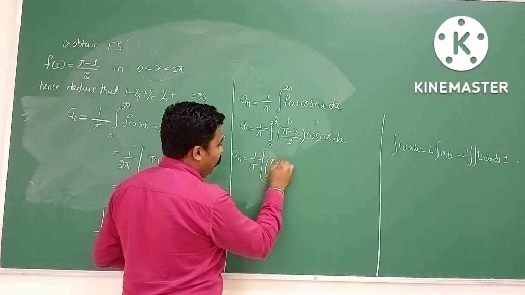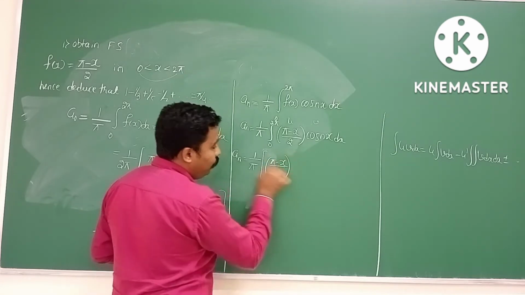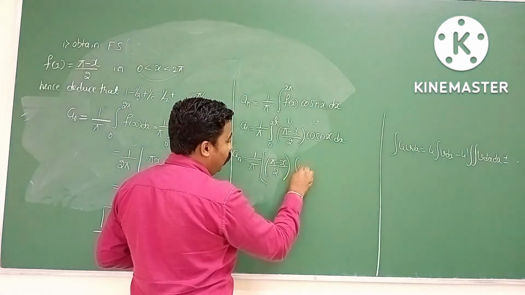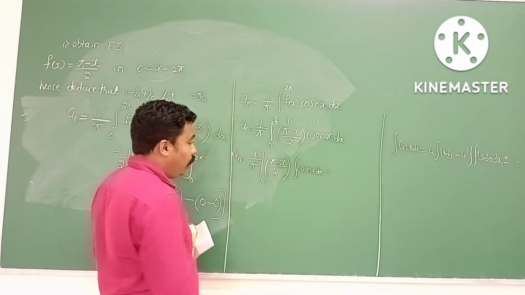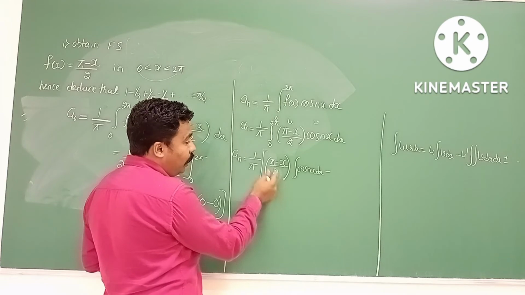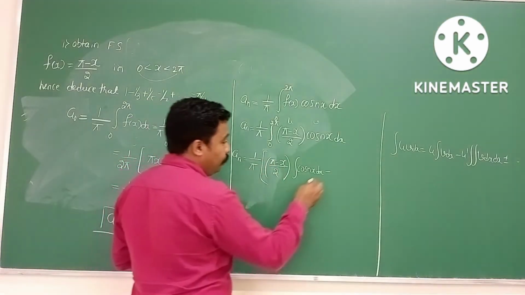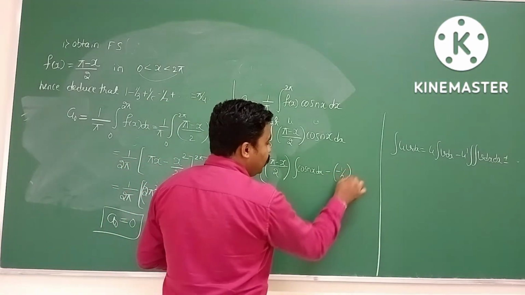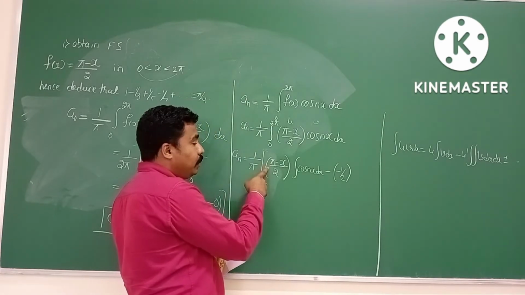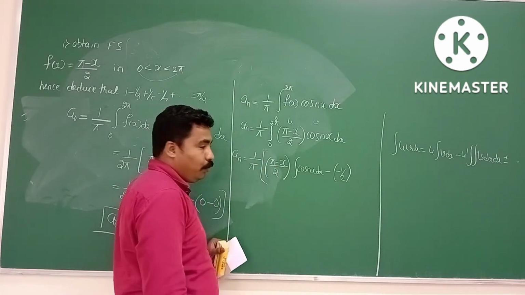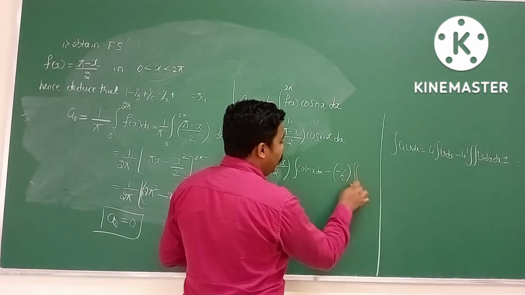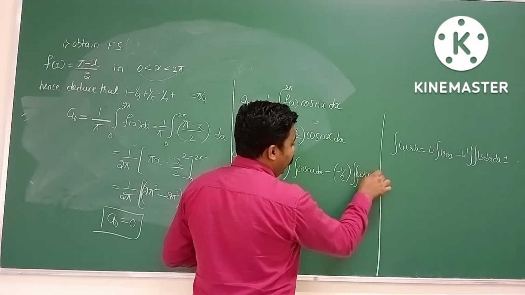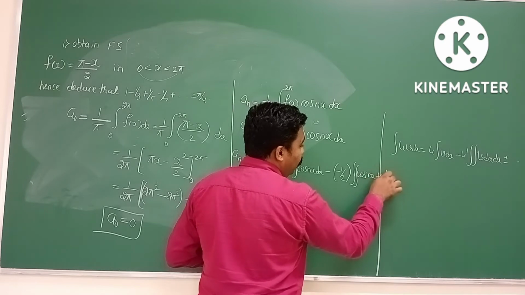First term (pi minus x) by 2 into integral of cos nx dx, minus differentiation of first term: pi differentiation 0, so minus 1 by 2, because 1 by 2 is constant, pi differentiation 0, minus x differentiation minus 1. Therefore it is minus 1 by 2 into double integral of cos nx dx.